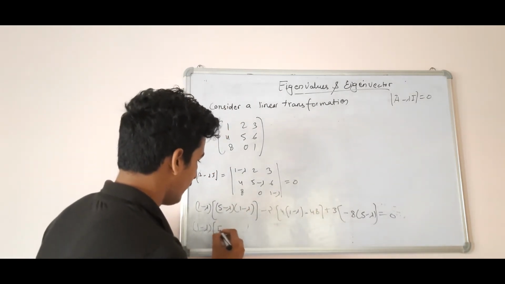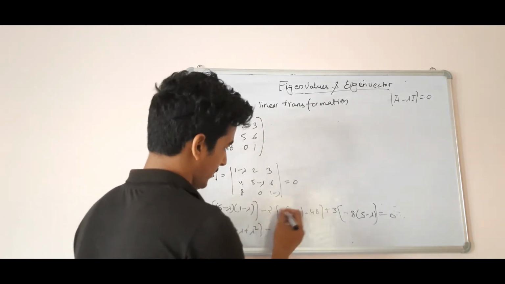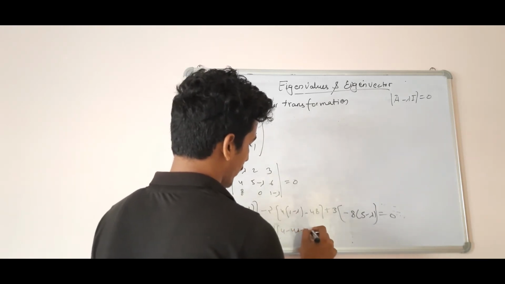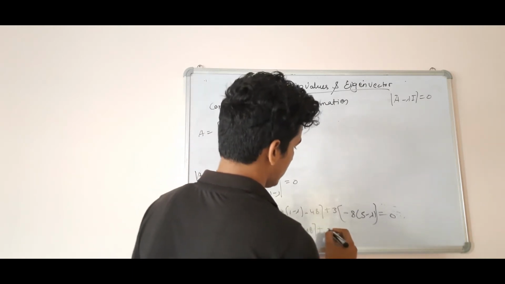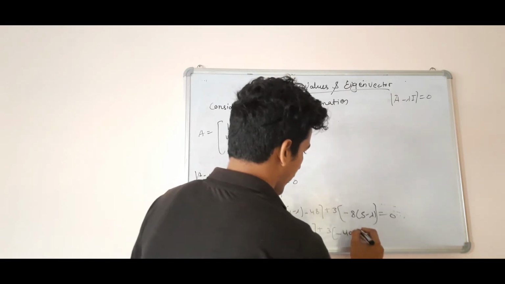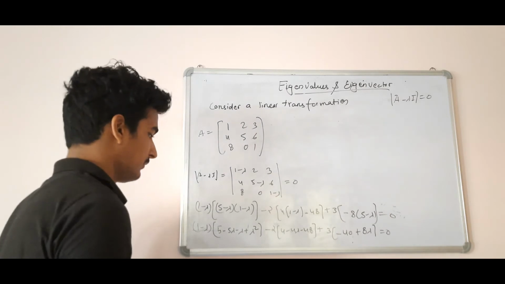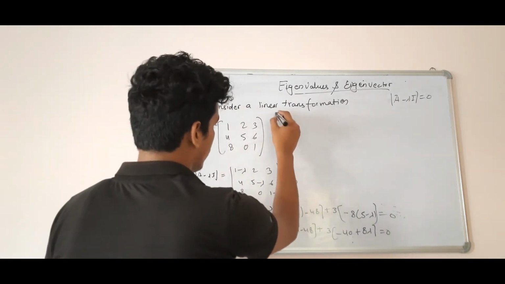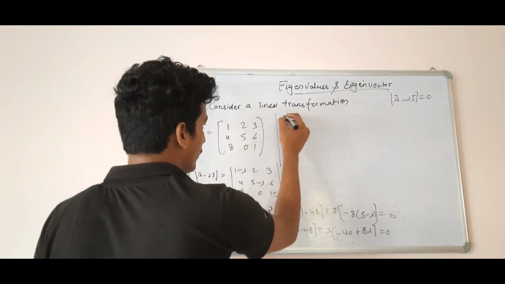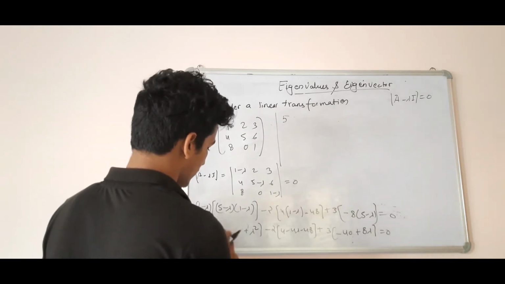This becomes 5 minus 5 lambda minus lambda plus lambda square, minus 2 times (4 minus 4 lambda minus 48), plus 3 times (0 minus 40 plus 8 lambda), equal to 0. Again simplify this. This is just a mathematical task. You can do this at home, but I know you will not do it. This becomes 6 lambda.